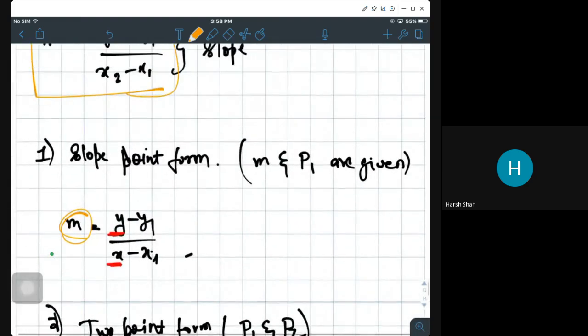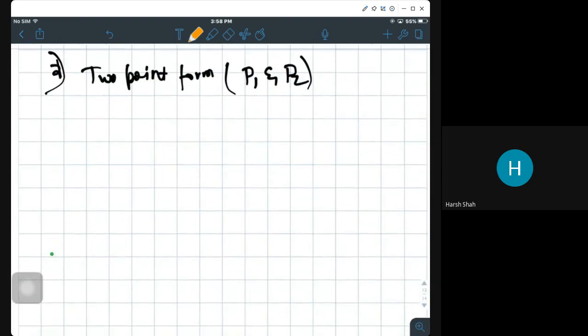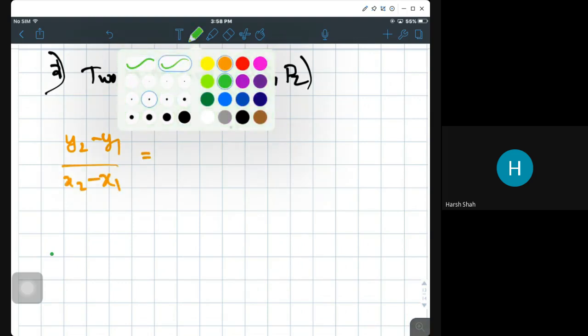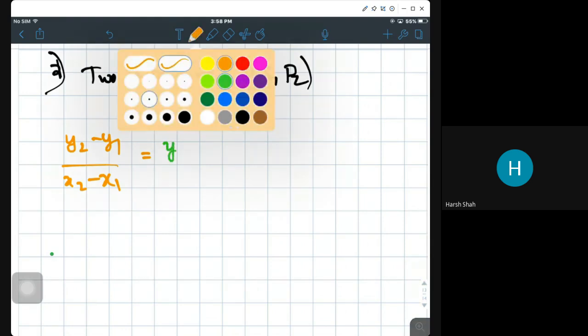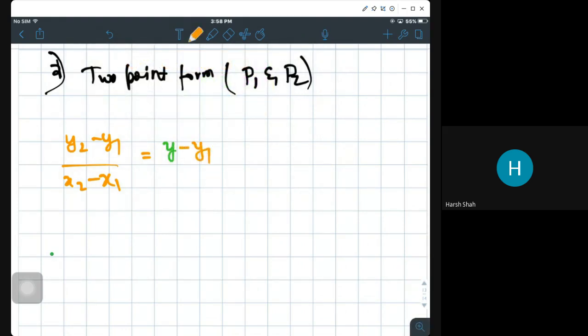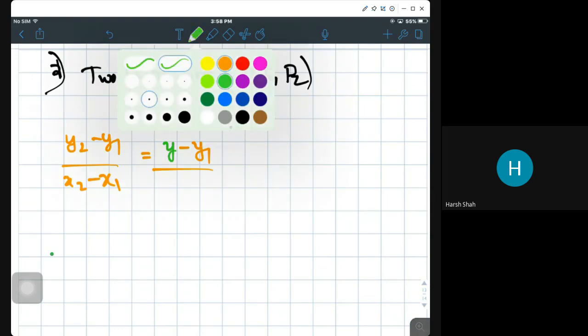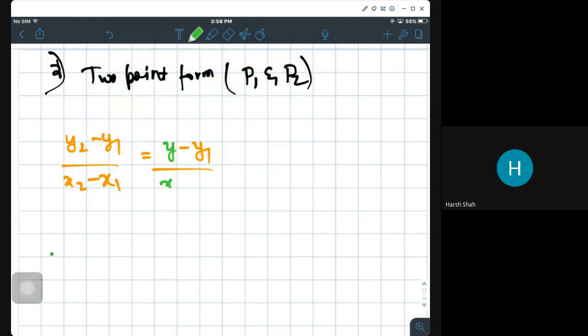So I'll combine these two formulas, and what I'm left with is (y2 minus y1) upon (x2 minus x1) is equal to (y minus y1) upon (x minus x1). This green color is unknown, the orange color is known.